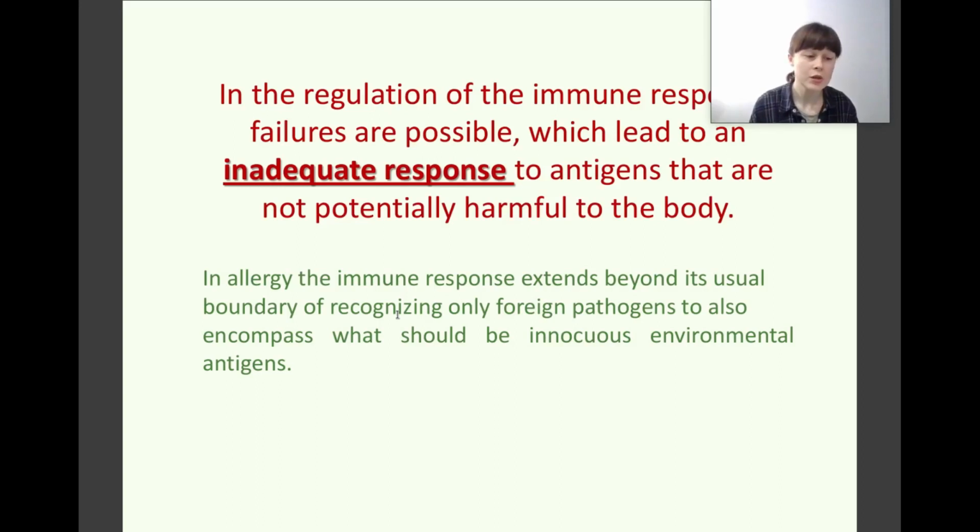In the regulation of the immune response, failures are possible. And these failures can lead to another type of immune disorder. These immune disorders are called hypersensitivity disorders.